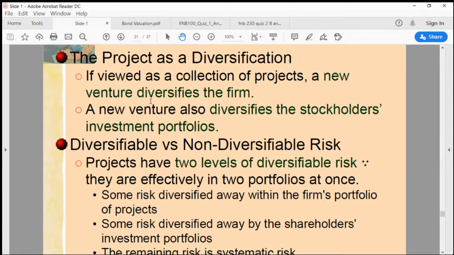A new venture diversifies the firm, right? A new venture also diversifies the stockholders' investment portfolio. If a company takes on a new venture, by buying shares of stock in this company, my stock in this company is already diversified, right?